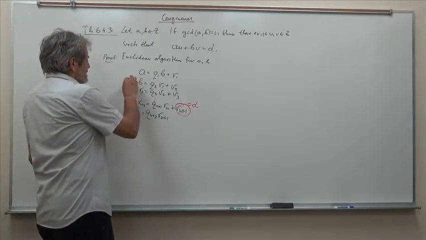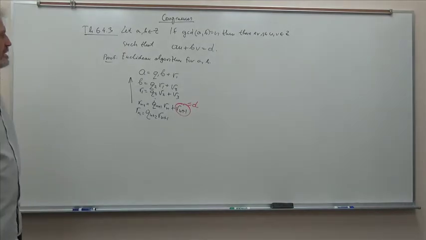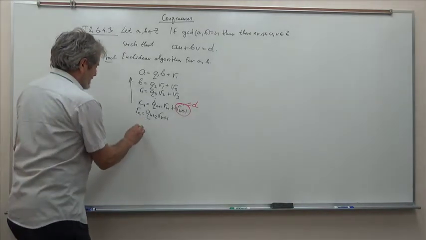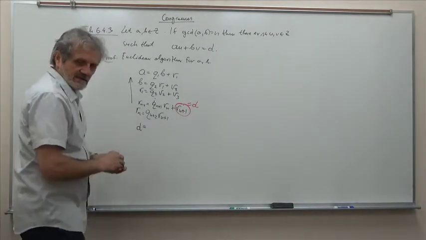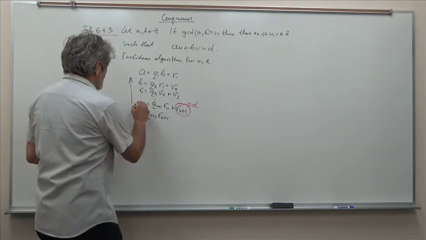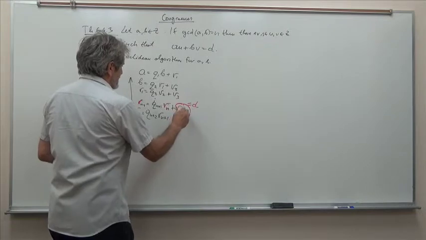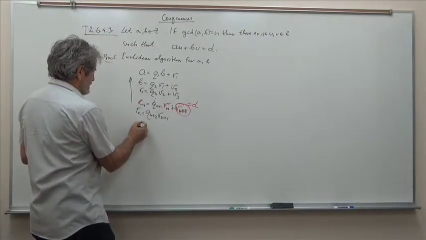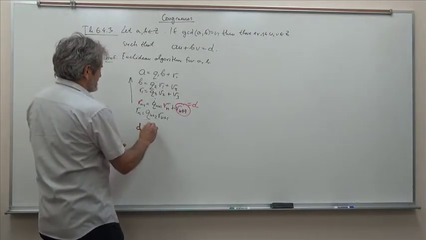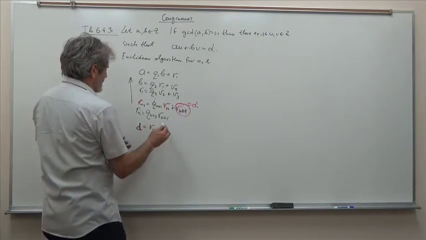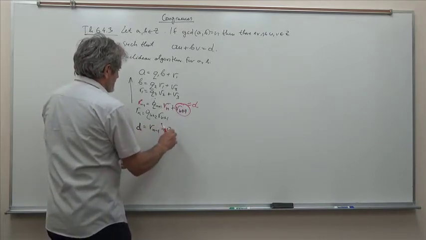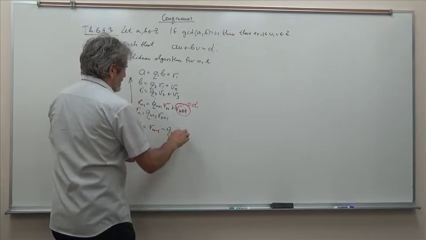So you go from the bottom up. So the first line says the following: D equals, let me make these red, because these are like vectors in a vector space analysis. And these are just coefficients. So D equals, how can I write it? R(n-1) minus Q(n+1) Rn.